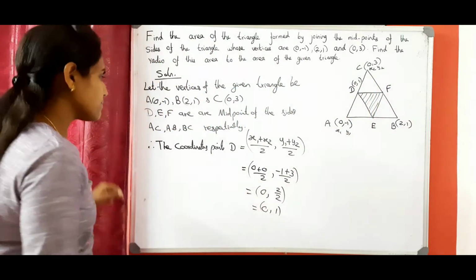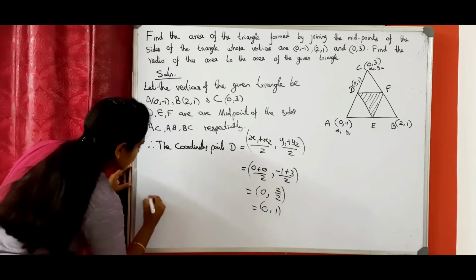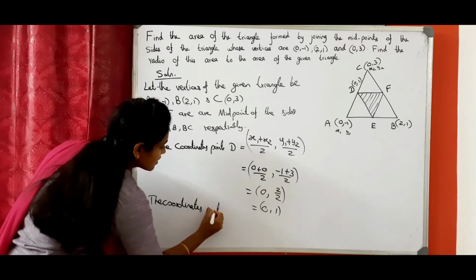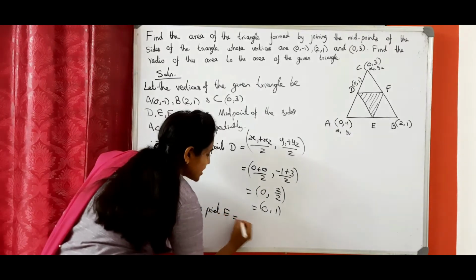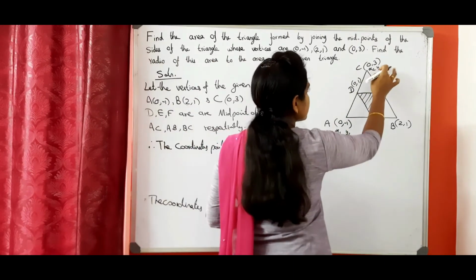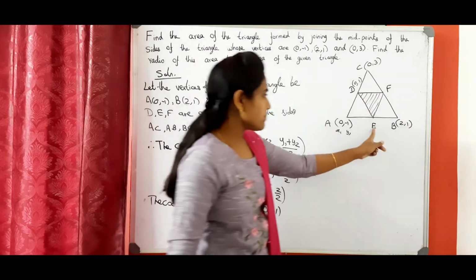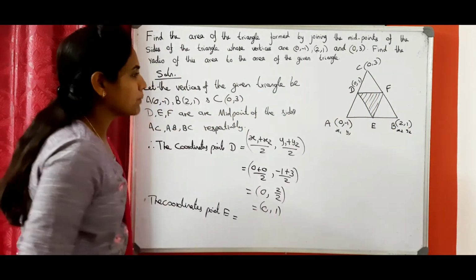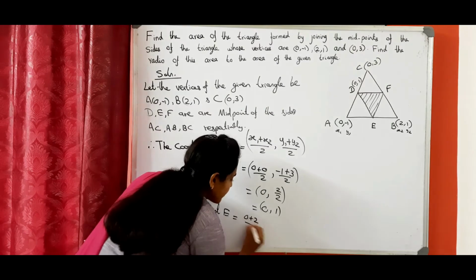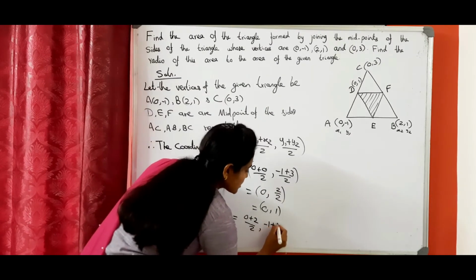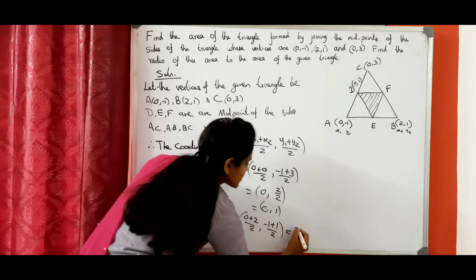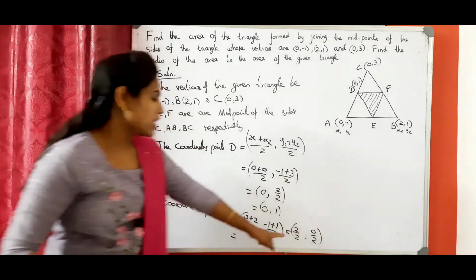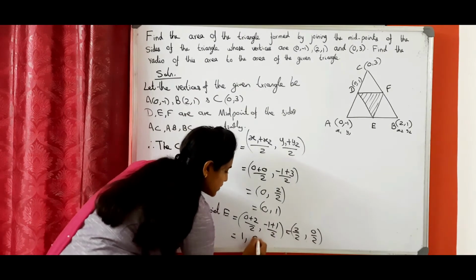Next we have to find the coordinate point of E. Same formula, we only change the x1, y1 and x2, y2 values. For E, apply the values in the formula: (0 plus 2) divided by 2 and (-1 plus 1) divided by 2, which equals 2 by 2 and 0 by 2, that is 1 comma 0.